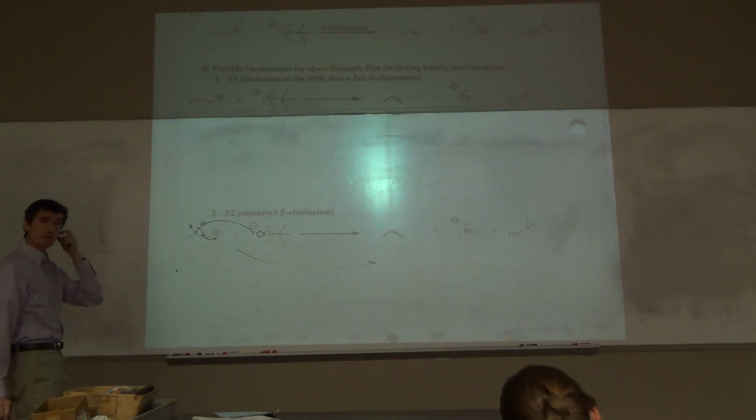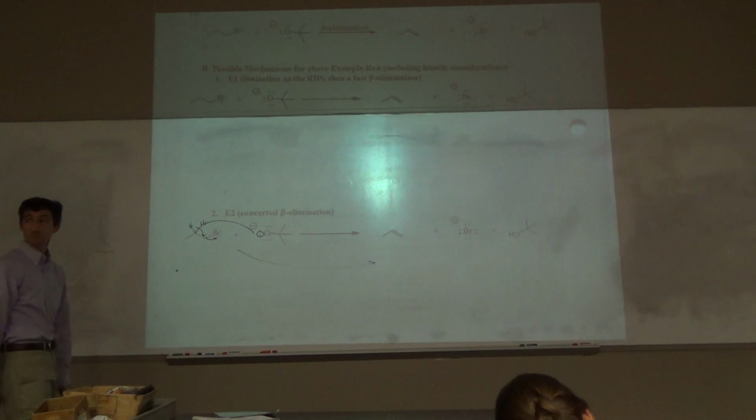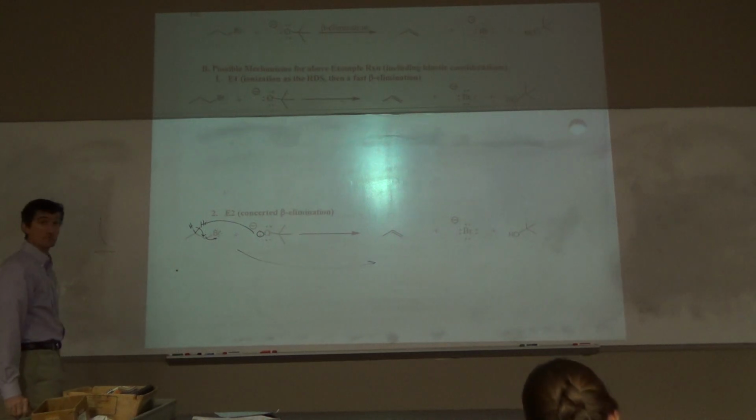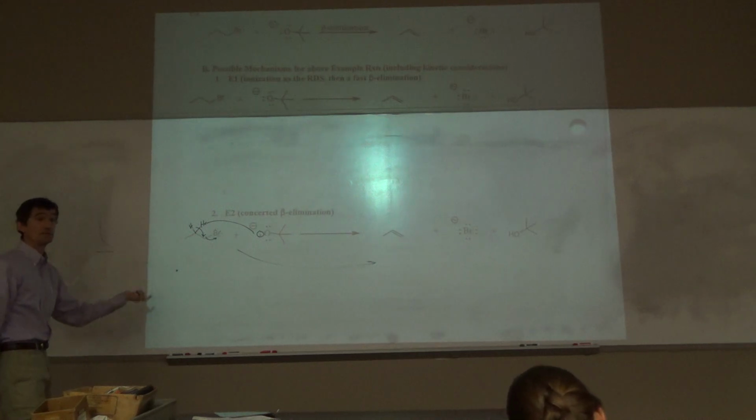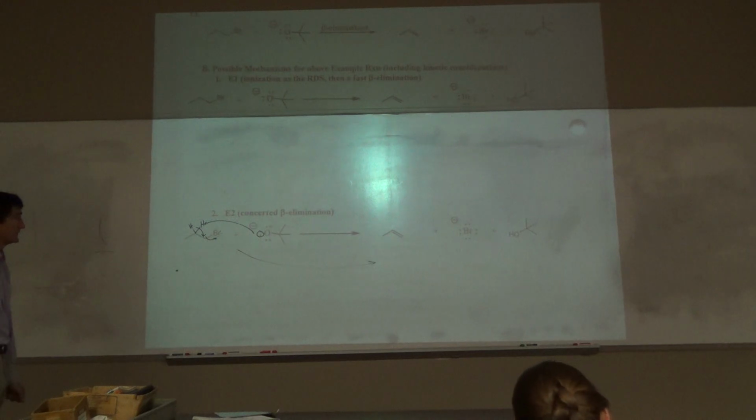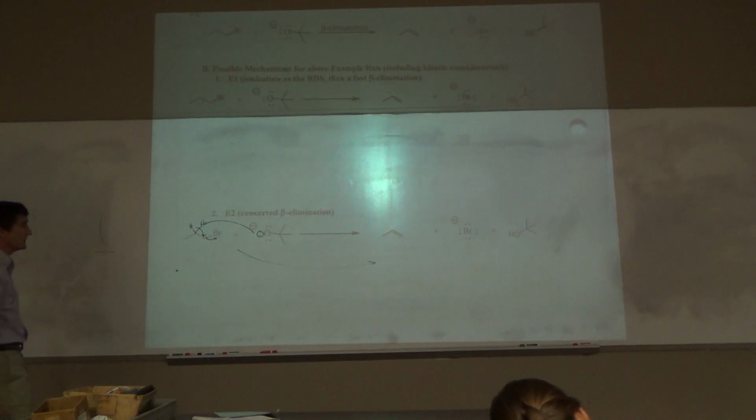How many intermediates here? None. Is there any carbocation here? No. Can you do this? Yeah, I'm telling you, you can do this. This is a known mechanism, called E2.